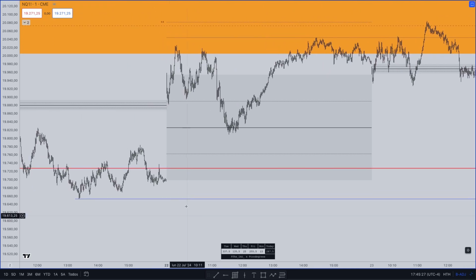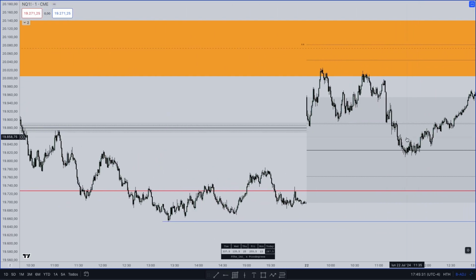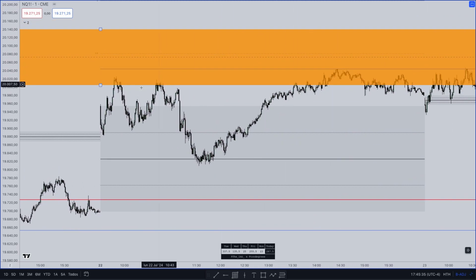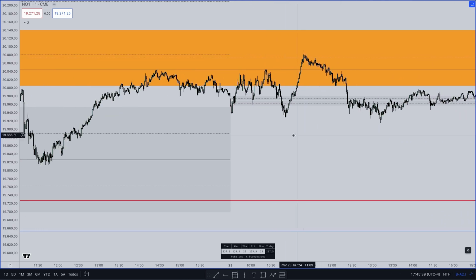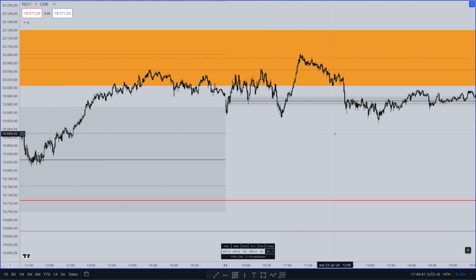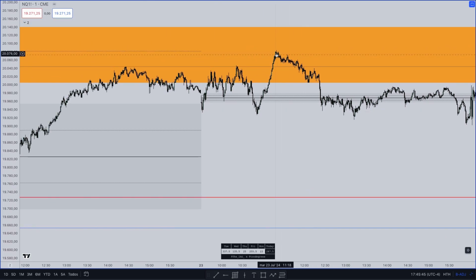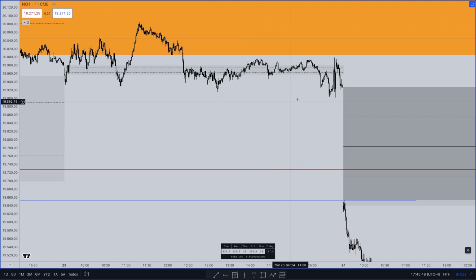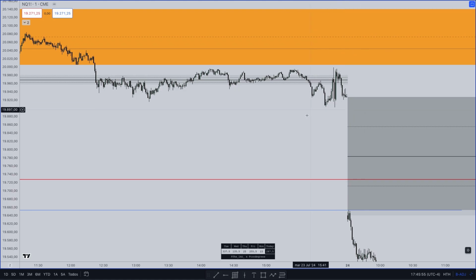We gap higher, take this liquidity, come back to the gap, accumulate more longs at the 50% of the gap, and distribute the orders above these old highs. Then we come back again to the 50% of this balanced price range that I showed you, and there is something very important about this price action, but I'm not going to talk about it today.